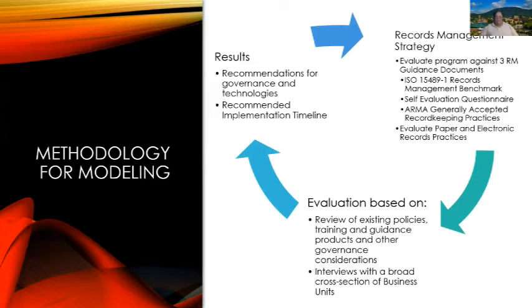Coming out of that should be recommendations for improving in areas where you might be deficient, and a recommended implementation timeline. And then again, this is something you are just continuously doing in effect. You may do the evaluation again, as I mentioned, annually, and see how the previous recommendations, if they were carried through, those projects, if they had an impact or not, and how much.